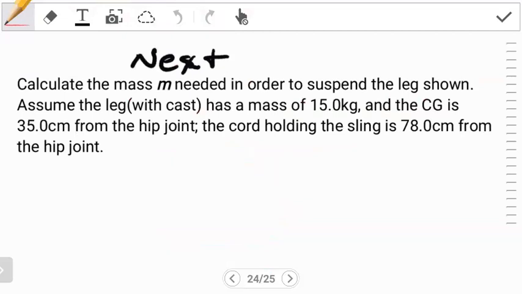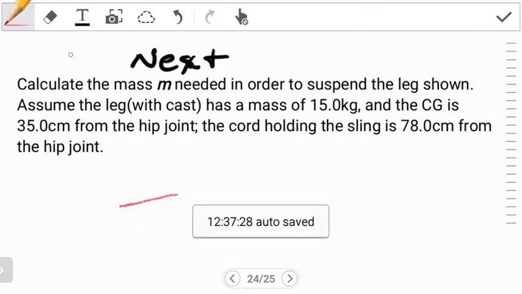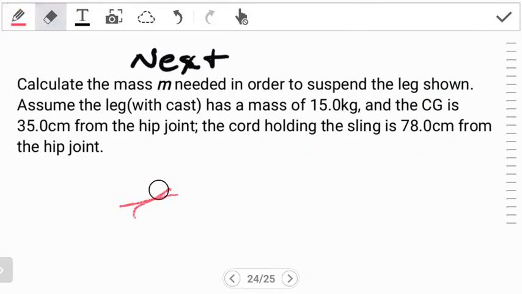So the idea here, there is a diagram that is supposed to be shown here, but basically all that you have is a leg. Let me just draw this as an object. That simplifies everything. So ideally, what you have is something like this.